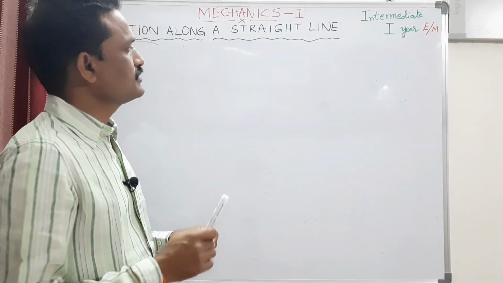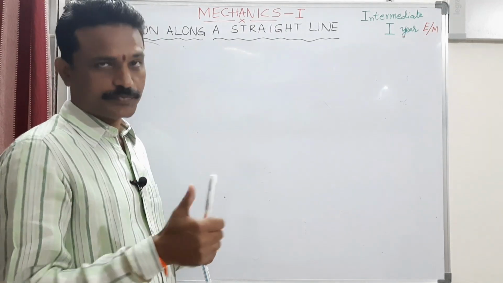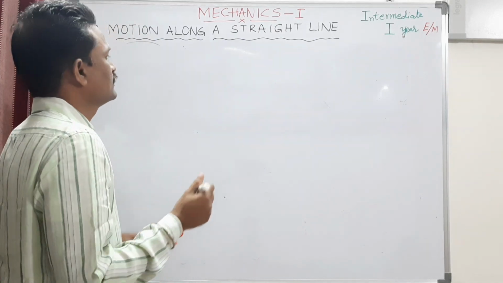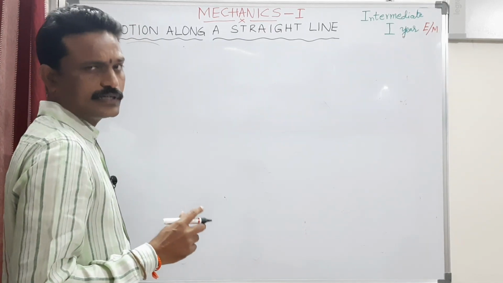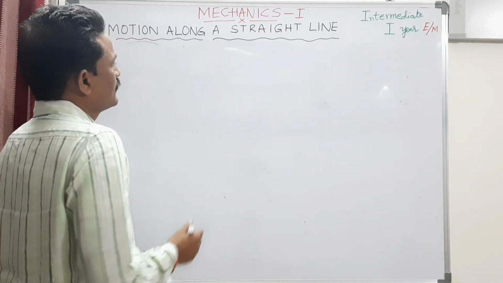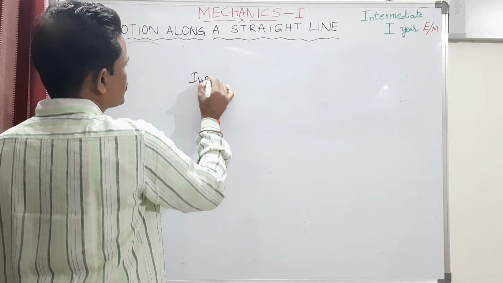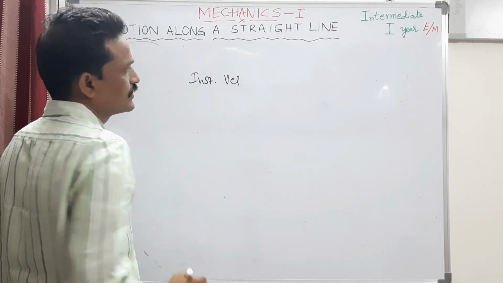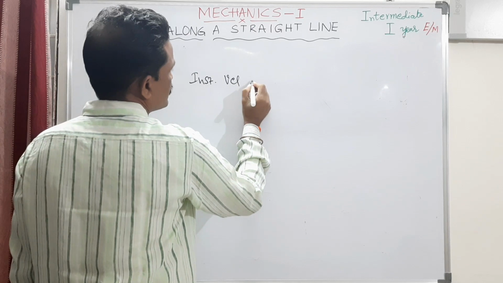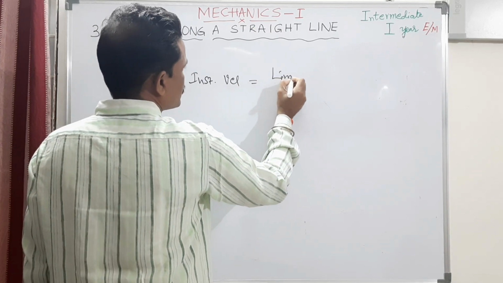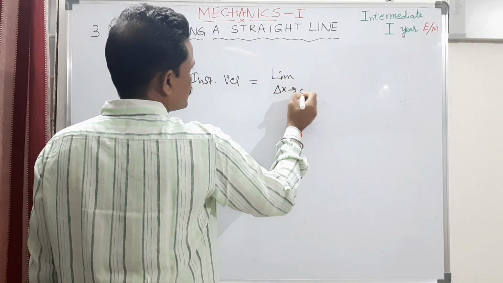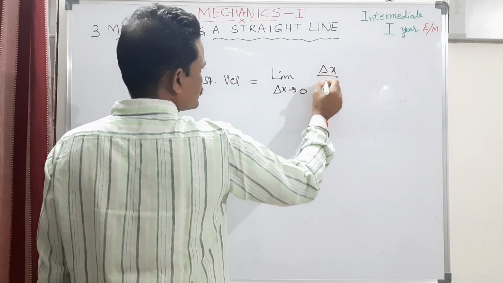So at a particular instant of time, what is your speed? That is given by instantaneous velocity or instantaneous speed. So let us take instantaneous velocity. So instantaneous velocity is defined as limit delta t tends to 0 of delta x by delta t.